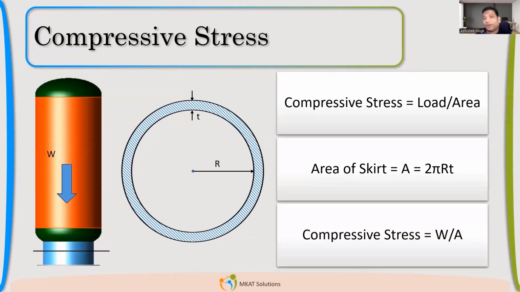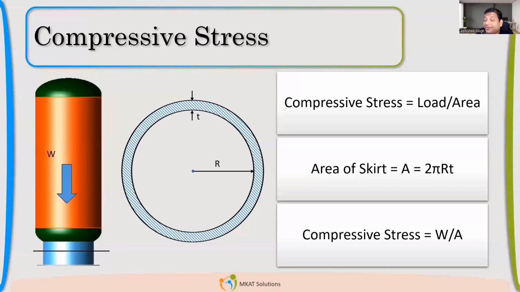Now we already have the area. We can calculate the stress coming on the skirt. Okay. Now this can be different for different conditions. Like if you are doing hydro in vertical condition. Let us say your vessel is small in size and you are able to do hydro in vertical condition, then your dead weight will be the hydrostatic test weight.